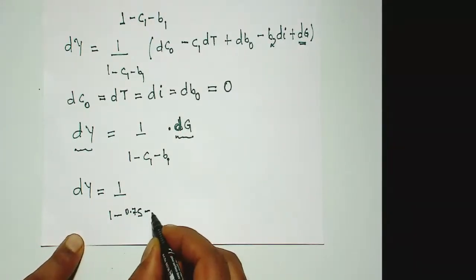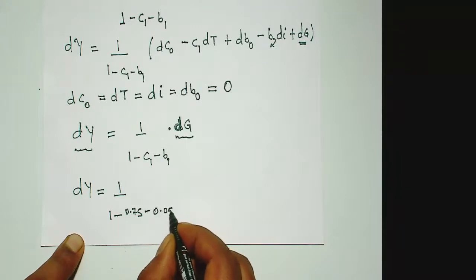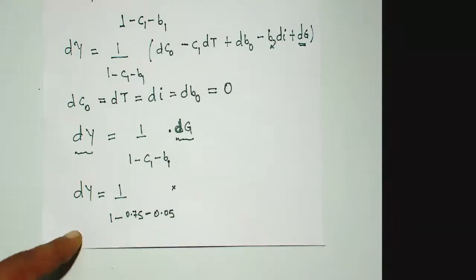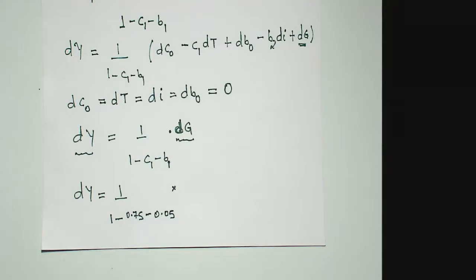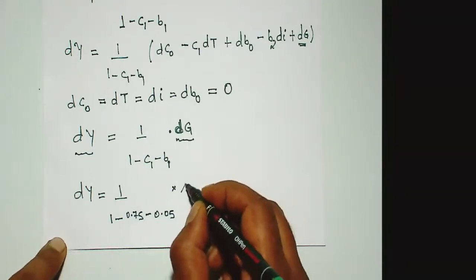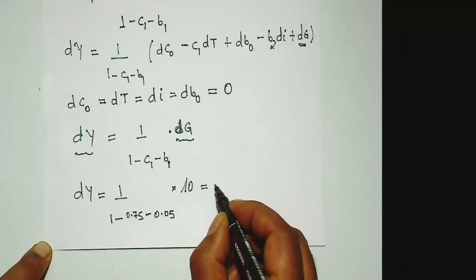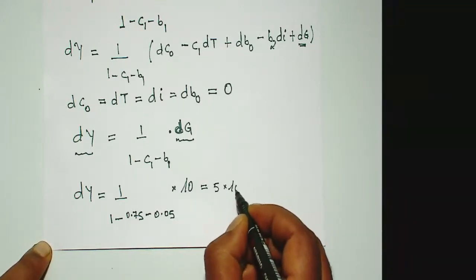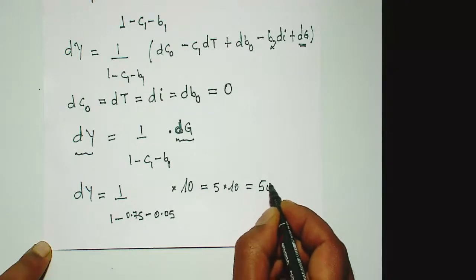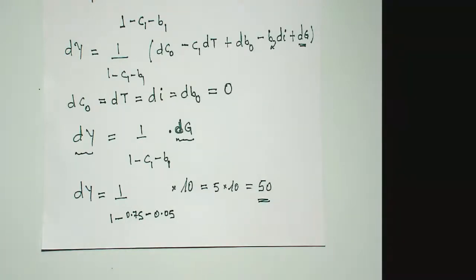And b1 from our table is given to be 0.05, and we are saying that if our government expenditure changed by 10 units, that is to say our dG is equal to 10. So this would give you all in all 5 multiplied by 10, which would be 50 units.